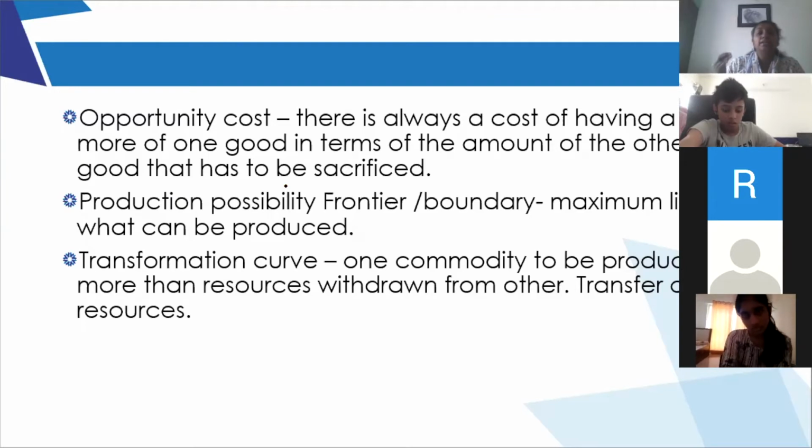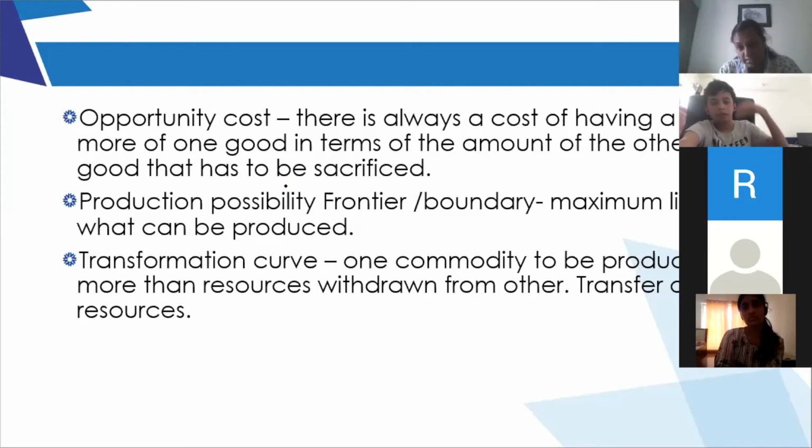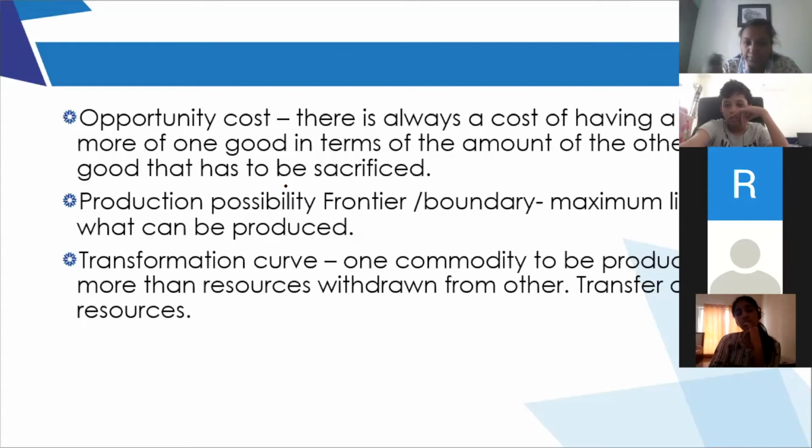Above that curve is not possible, because that curve is the level till where the economy can function using everything to its maximum efficiency. Below that, the economy is not efficiently producing. That means it can use its resources more efficiently to increase the production. Clear? Or is there anything which is not clear?